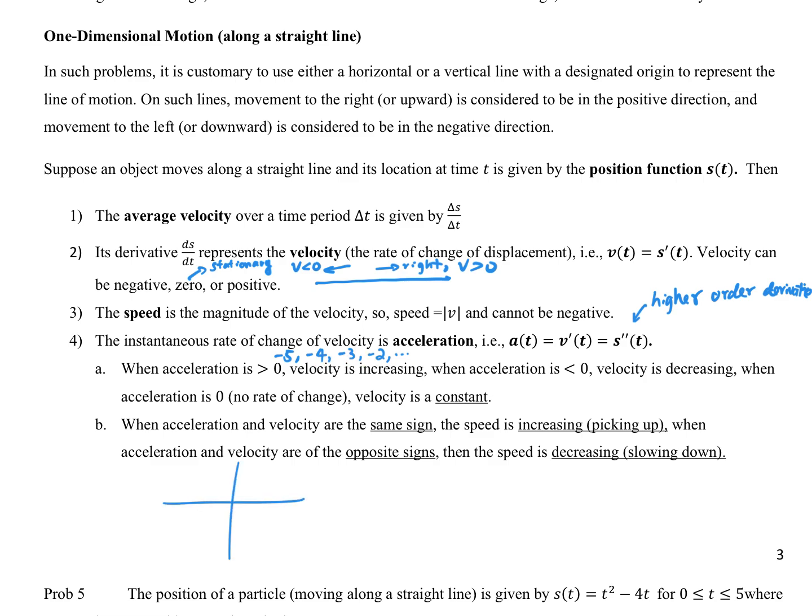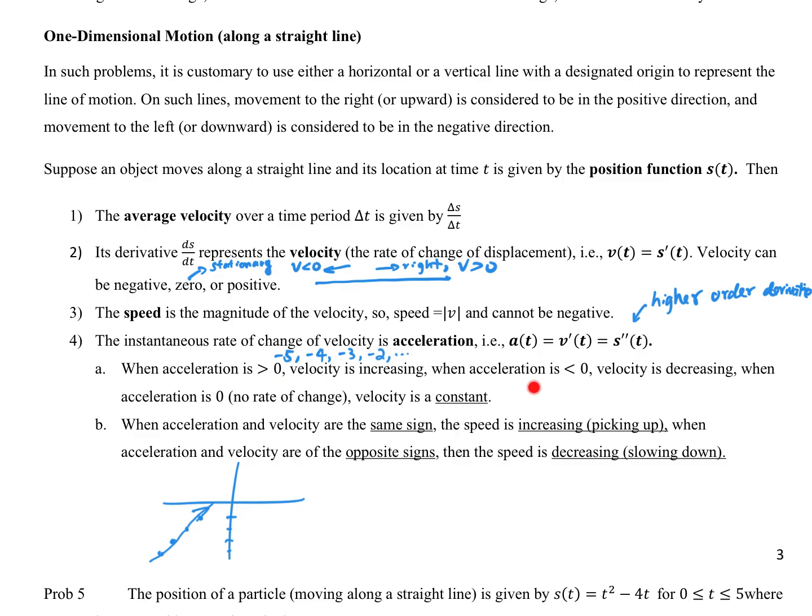You can see it's increasing. However, its speed here is actually decreasing. This is faster and then going slower here. So we are just saying that when acceleration is positive, velocity is increasing.